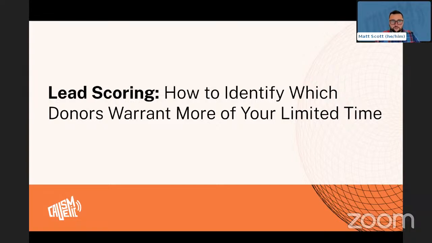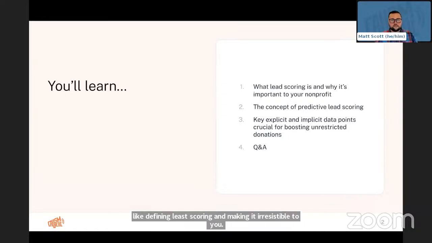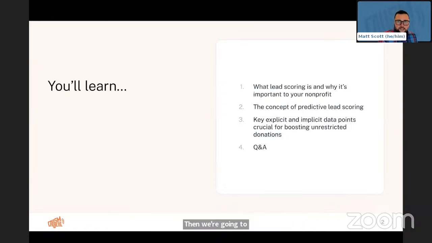What are we going to talk about today? You know it. We're going to talk about lead scoring, but more specifically, I want to go over defining lead scoring and making it irresistible to you. Then we're going to demystify the use of AI in lead scoring. I know everyone's talking about AI. It's a little bit daunting. How does this work?